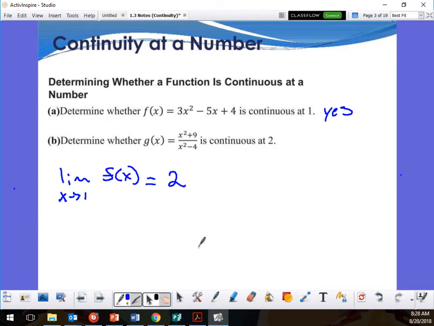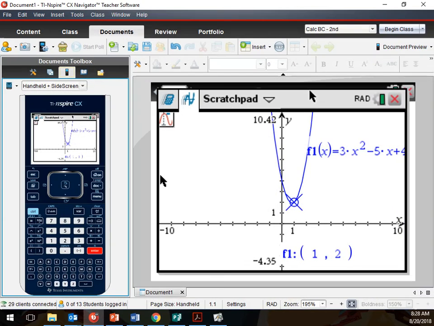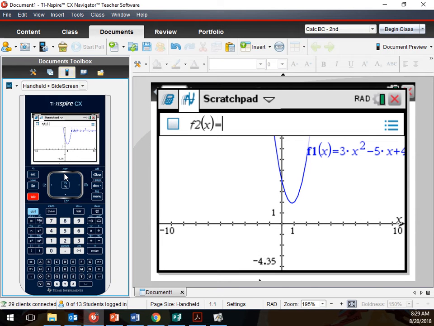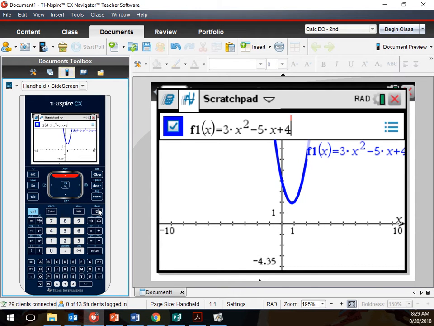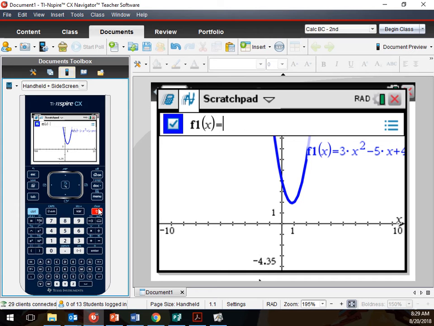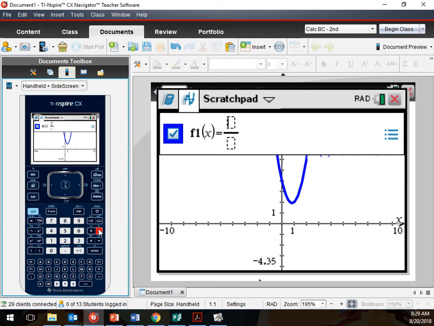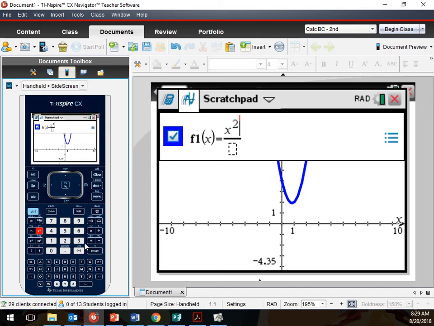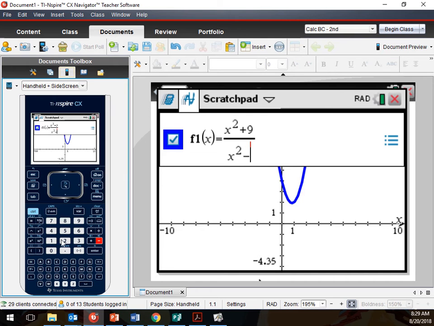So, tab up. Now, for you people new to this calculator, take a quick look. Hey, you people, pay attention. Okay, control, divide. The control divide brings up a fraction template, so it actually helps us out. Type x squared plus 9 over x squared minus 4.